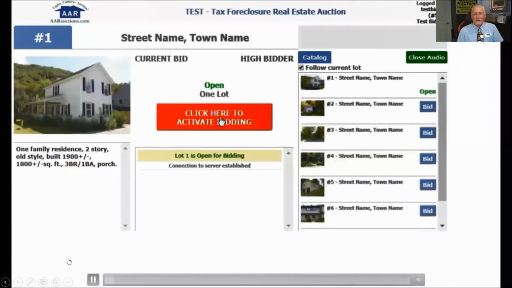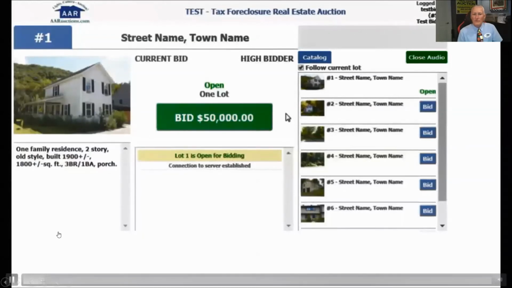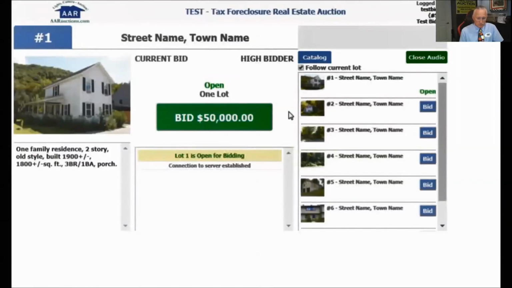Let's see if you can hear the auction. If you could turn up your volume. Let's try it again and see if you can hear the auction. I hope you can. Jen, do you hear anything? I can.